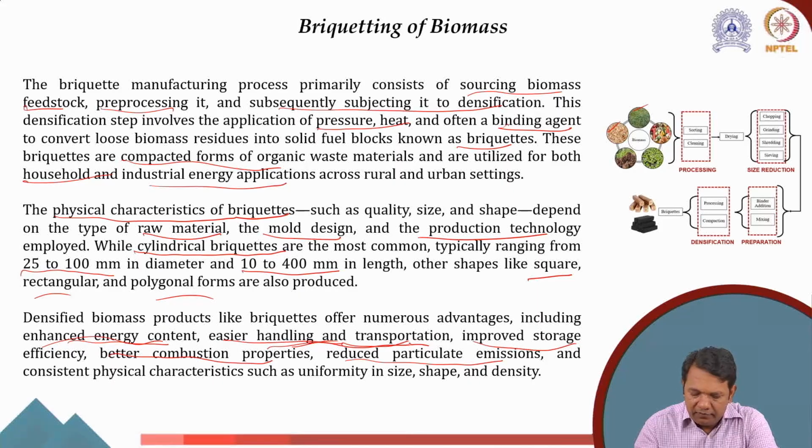The reason is that there is no more powder; rather it is in solid form, and all of these will be of similar shape, size and density. So if we say the energy content per kg of biomass is this, for most briquettes the energy content will be this. It will not vary because mostly the shape, size and density are similar for all kinds of briquettes.